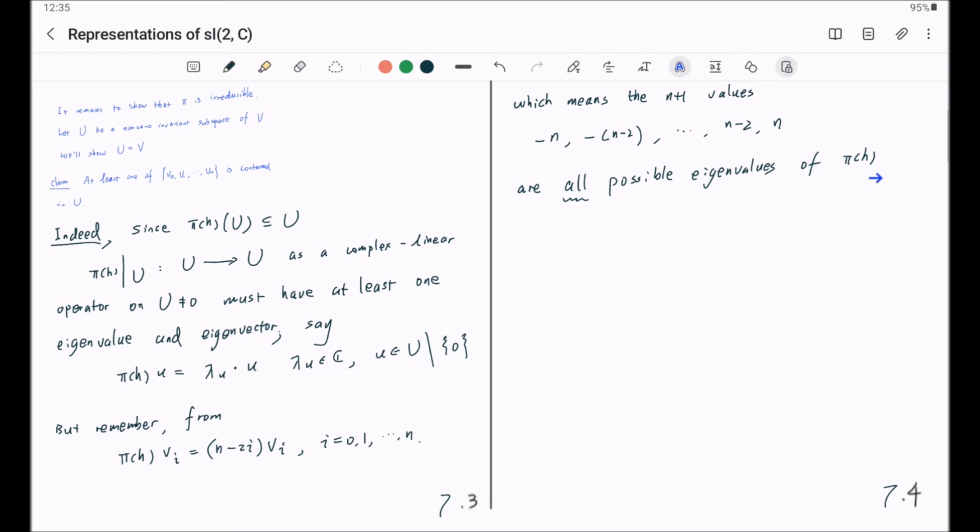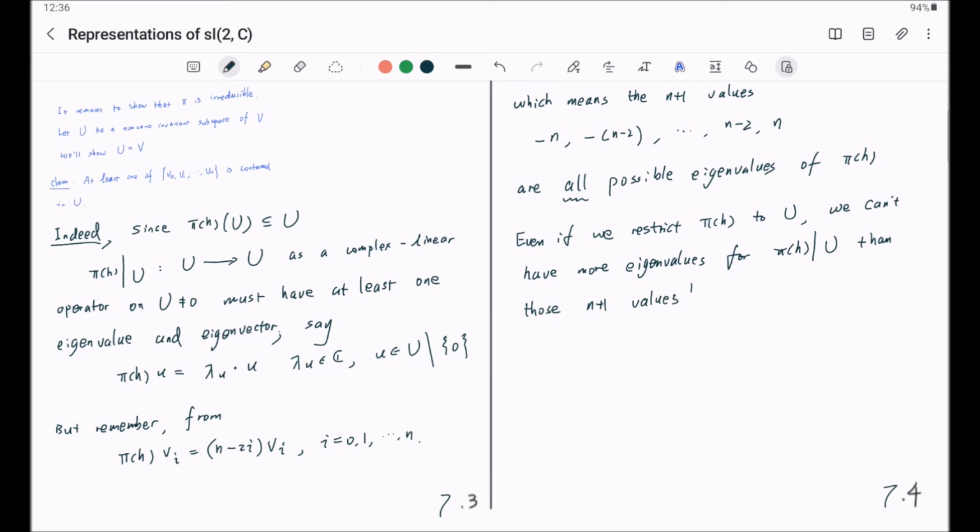This tells you that even if you restrict pi of h to U, you cannot have any eigenvalues other than those n plus 1 values. So lambda_u must be one of them.